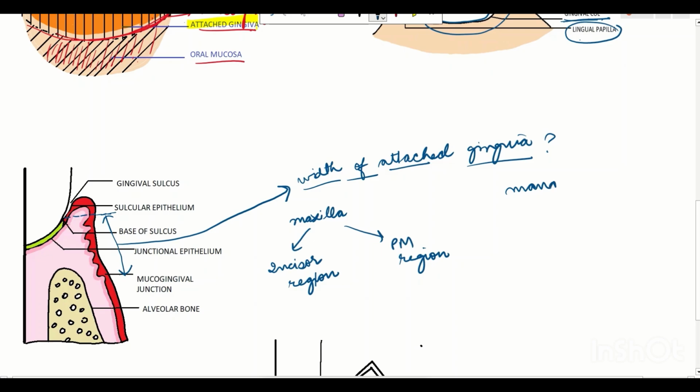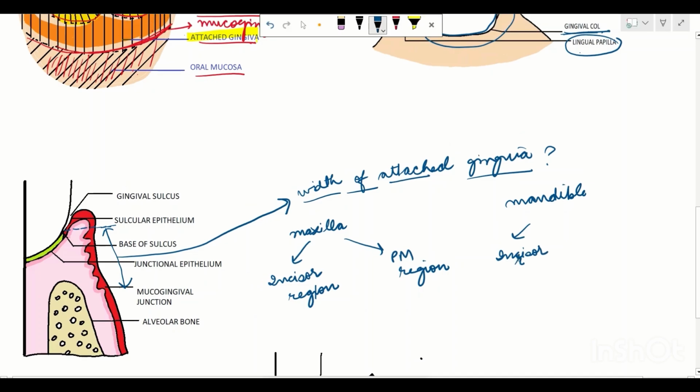It is greater in the incisor region, and it is least in the premolar region.